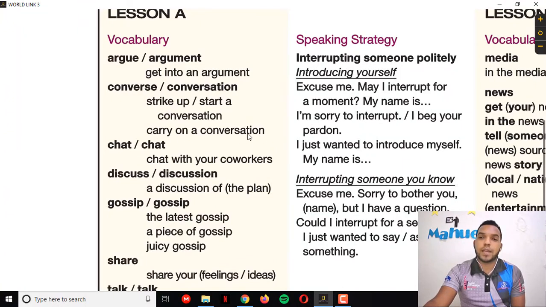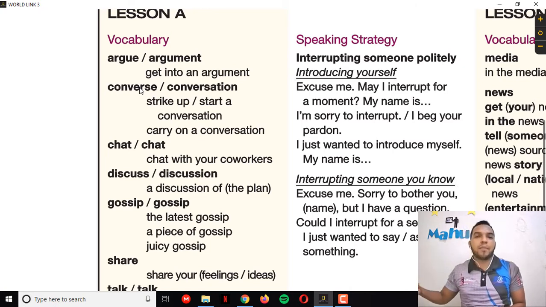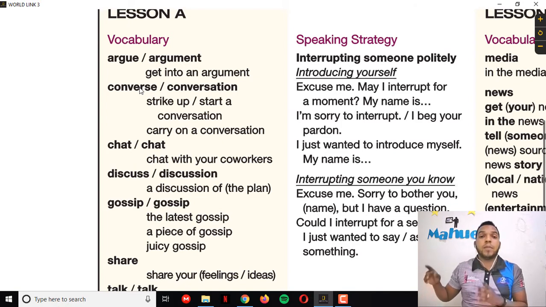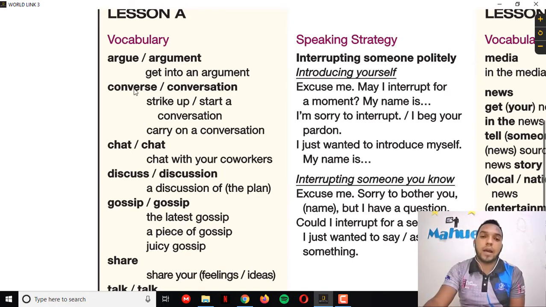When you carry on a conversation, you are talking with a person about a conversation that you had before with another person. Like, imagine that Peter and Anna are talking normally, and then Peter goes to talk with Andres, for example, and they are talking about the same conversation that Peter was having with Anna. So that is carry on a conversation. Peter is carrying on a conversation with Andres.